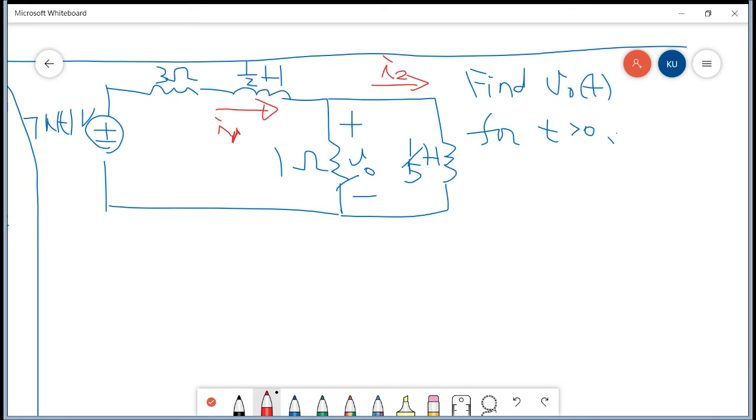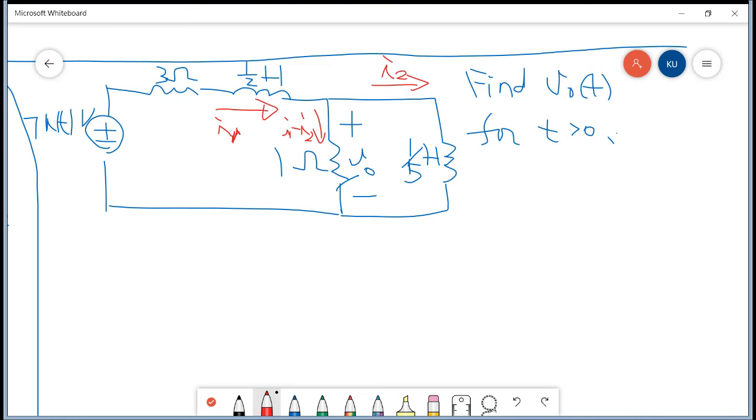In this case, this is I1 minus I2. And I would be continuous. I'm not really sure whether it's a first order or second order, but yeah, it would be second order.